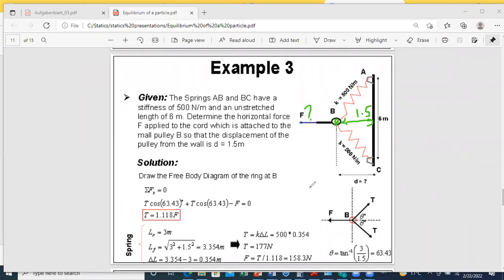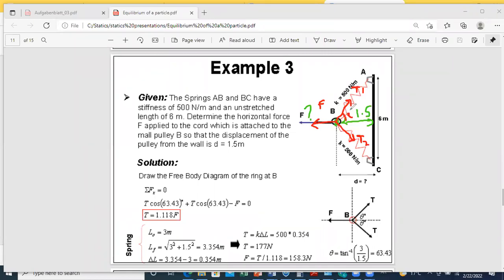What is the methodology to use here? What should we do? We should say B is our point of interest, and we have several forces acting on B. For B to be at equilibrium, sum of forces at B should be 0. So this horizontal force F plus the effect of the two springs. So you have the tension T1 in spring 1. You have the tension in spring 2, T2. And from the figure, you can calculate the inclination of T1 and T2.